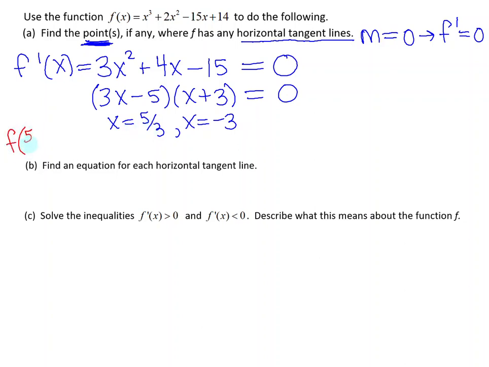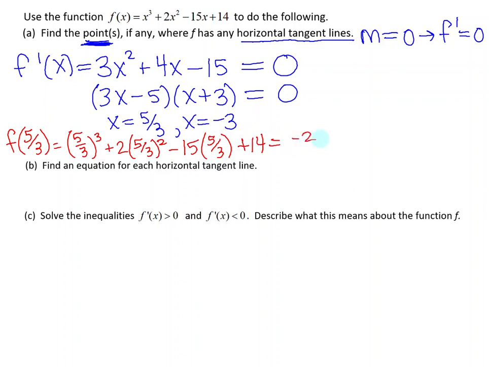So I'm going to find f of 5/3, which means I plug 5/3 into that original function. 5/3 cubed plus 2 times 5/3 squared minus 15 times 5/3 plus 14, and that comes out to negative 22/27.